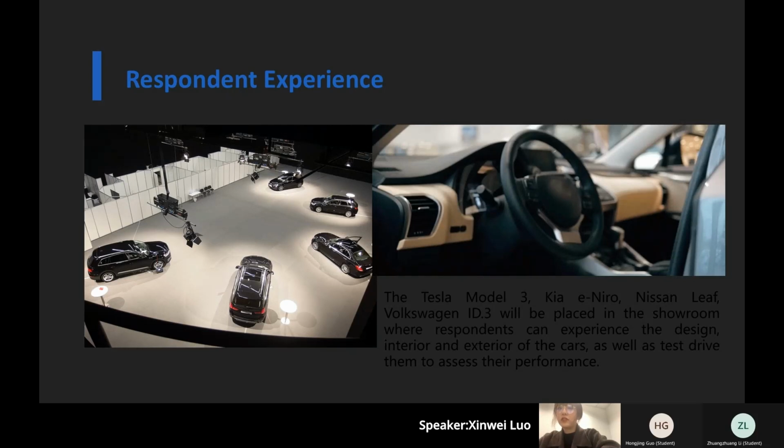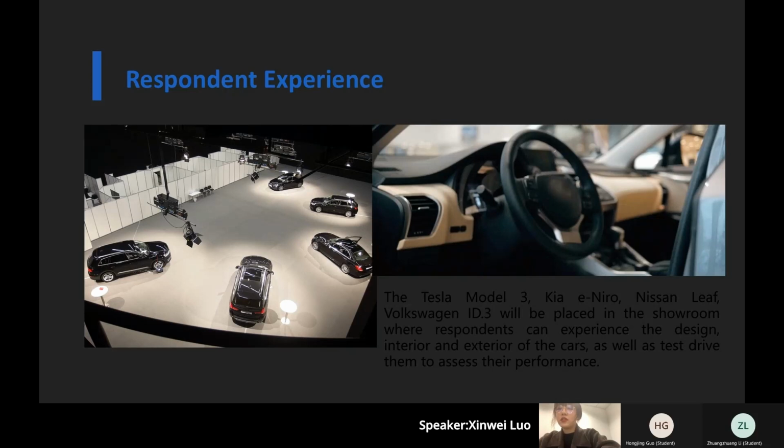To concretize the impact of the product, participants will be shown car prototypes, including the new BYD product and existing competing models from 4 different brands: the Tesla Model 3, Kia e-Niro, Nissan Leaf, and Volkswagen ID3, which were the best-selling new energy vehicles in the UK in 2021.